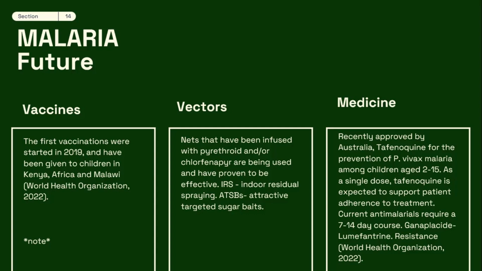The current medicine treatment right now, you have to get multiple doses over 6 to 9 months. So that is beneficial. A 7 to 14 day course is also used of artemether-lumefantrine. And I also got that from the World Health Organization.